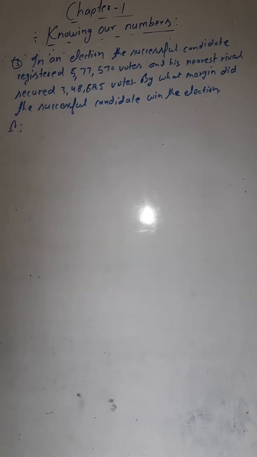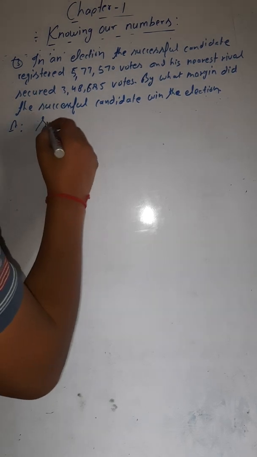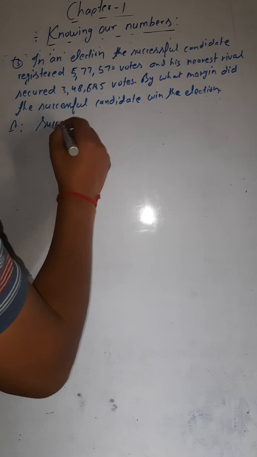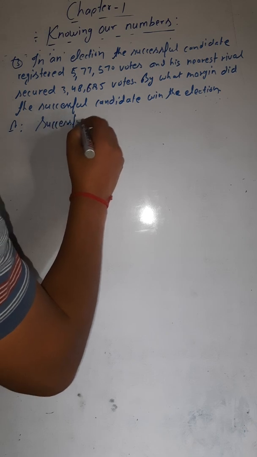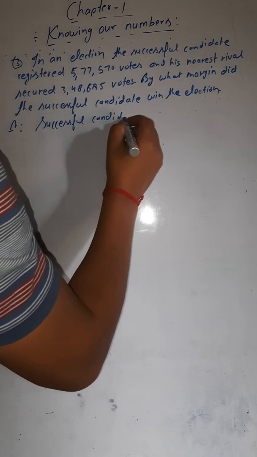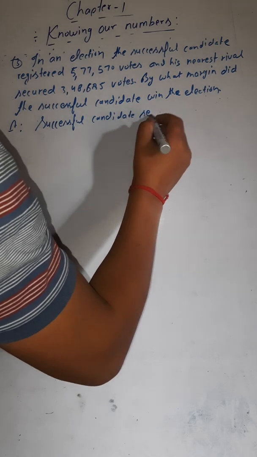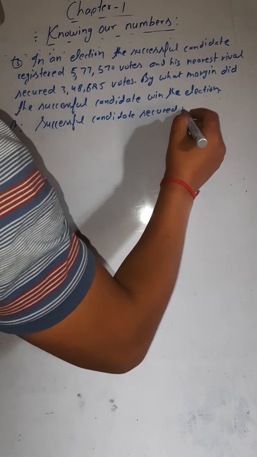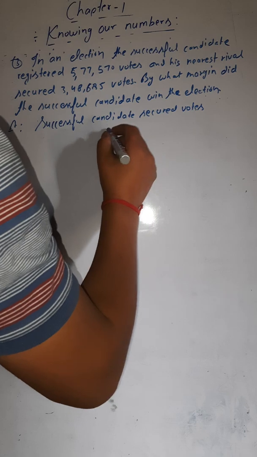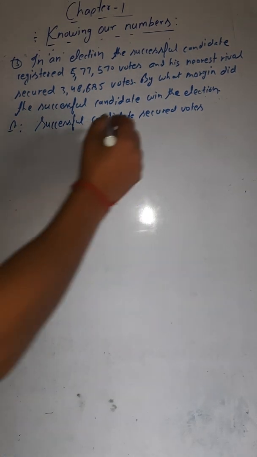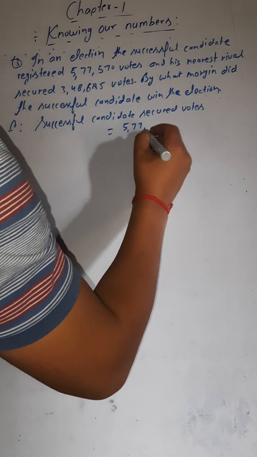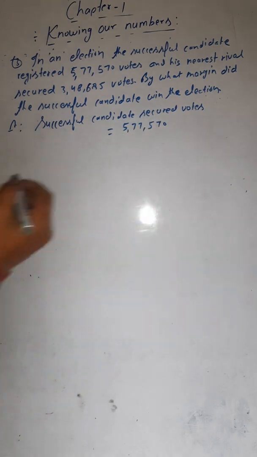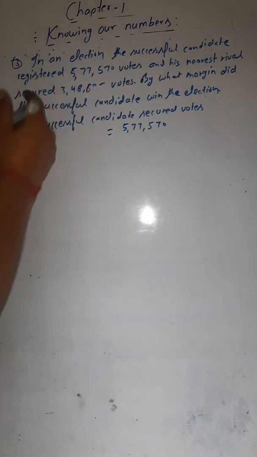This way you would write the method. Successful candidate secured votes is equal to 5,77,570.